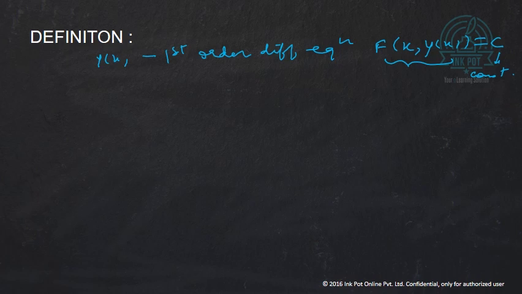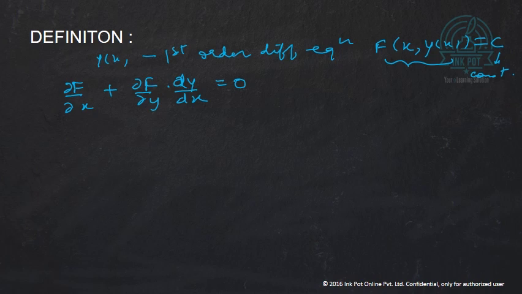If this equation implicitly defines y as a differentiable function of x, we get the original differential equation in this form: by partially differentiating, del f over del x plus del f over del y into dy over dx is equal to 0.